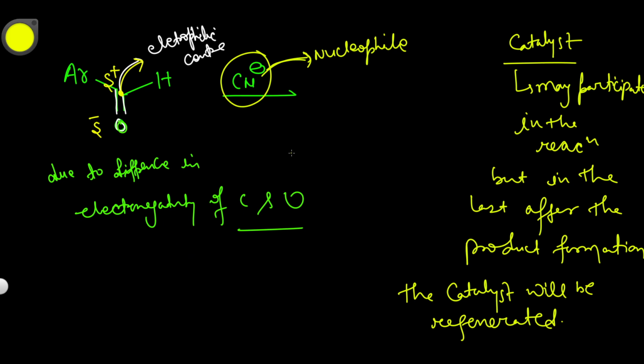It means the nucleophile will attack on this electrophilic center, and how it attacks, I will show you in a few minutes. Let me clear all this. So here we have Ar, here we have double bond O, and here we have H, and here is CN minus acting as a nucleophile.